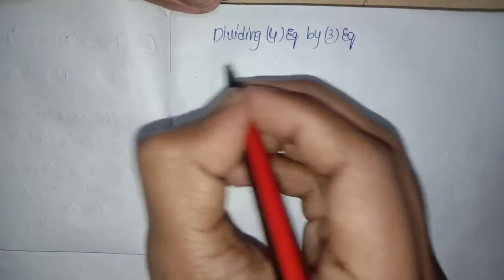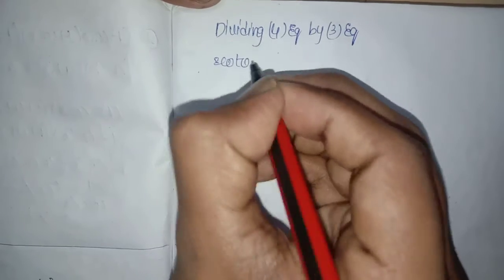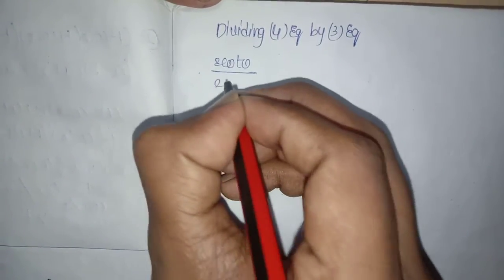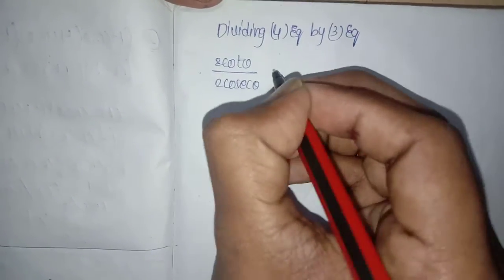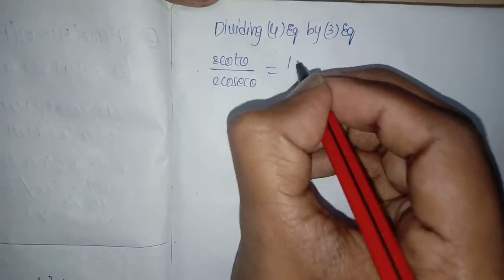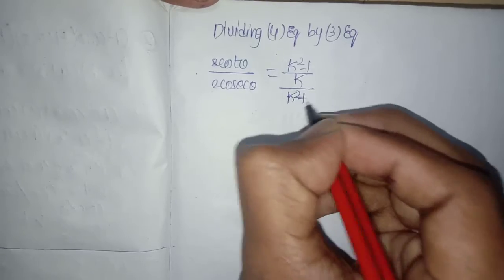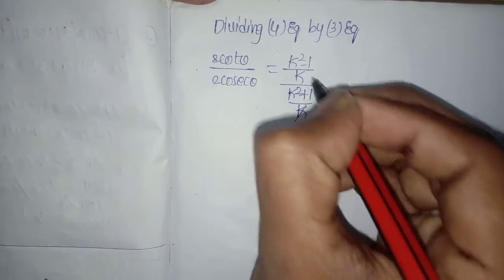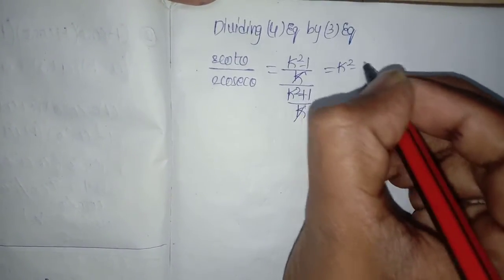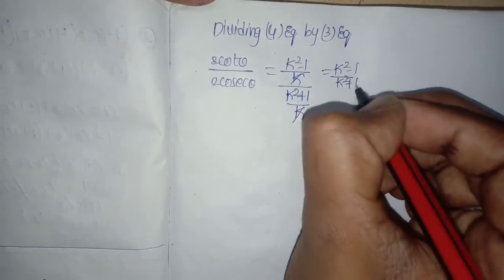What is the fourth equation? 2 cot theta divided by 2 cosecant theta is equal to (k square minus 1) by k, divided by (k square plus 1) by k. k and k will be cancelled, equal to (k square minus 1) by (k square plus 1). So I almost got the answer, but they asked to prove cos theta equal to (k square minus 1) by (k square plus 1).